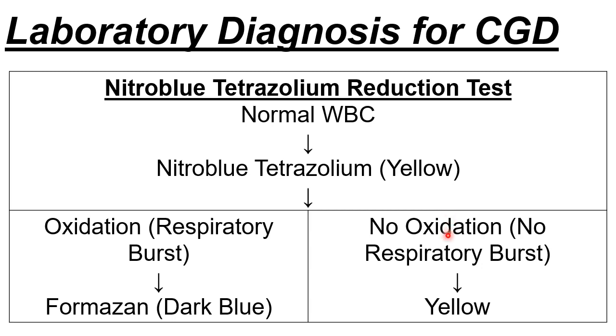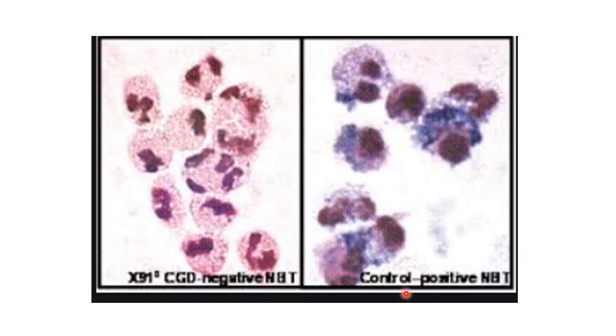Kapag walang oxidation, ibig sabihin walang respiratory burst na nangyari, mariretain ngayon yung color yellow as final result, lalong-lalo na in CGD. Di ba sa CGD, walang respiratory burst. So, yellow pa rin yung color niya at the end of the laboratory test. So, under microscope, this is the positive result.